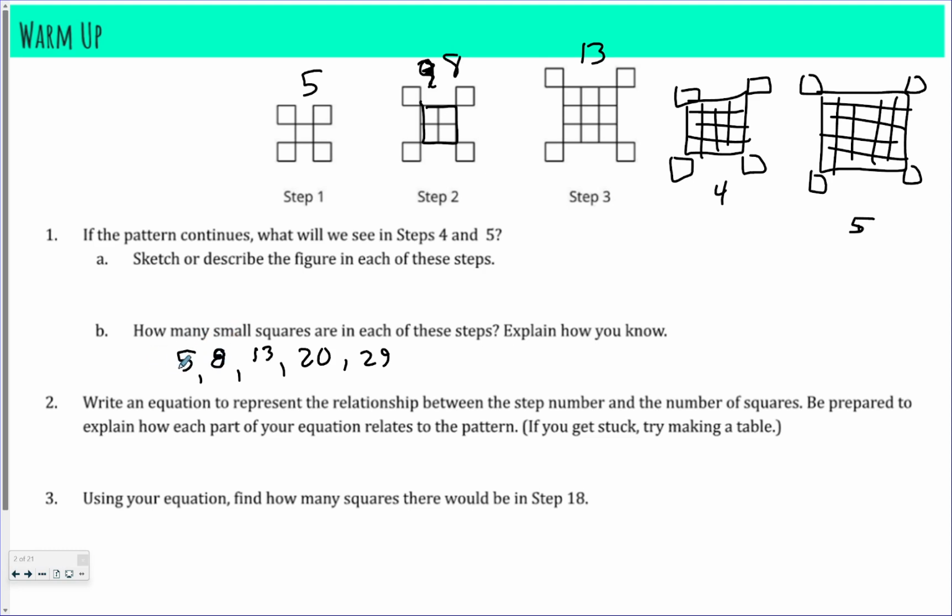So 5 plus 3 is 8. So plus 3, plus 5, plus 7, plus 9. The next one would be plus 11. But that also means it's not geometric either, because 8 divided by 5, 13 divided by 8, 20 divided by 13, those are all different values. So this is a neither sequence, which means maybe we can write it as an equation.